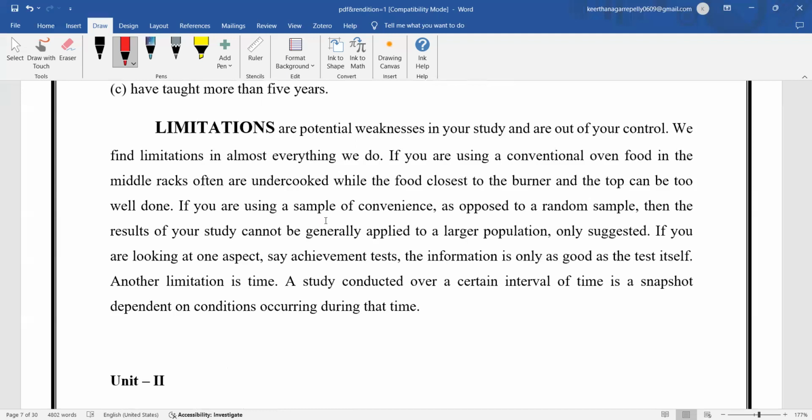For example, you are conducting a study on giving carbohydrates.